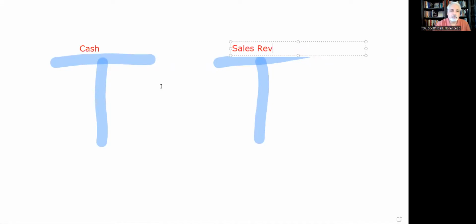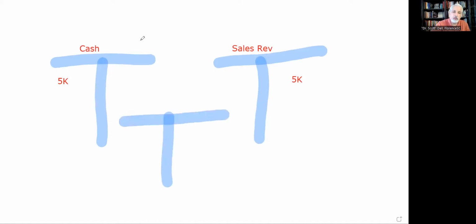So what happens? Customer pays us $5,000. We get $5,000 there. We get $5,000 there. Okay. And then another customer buys some stuff, but they're not paying us in cash. They pay us as a receivable.